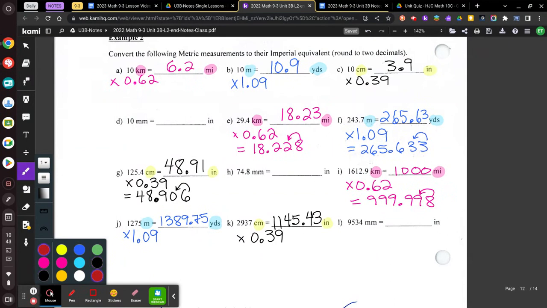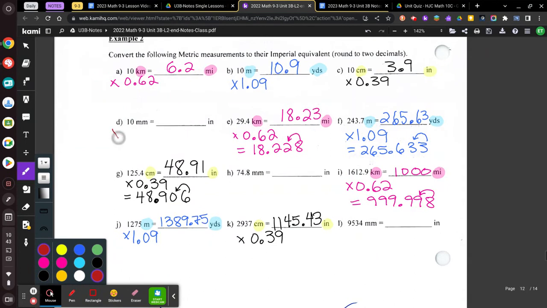Yay! This one is timesing by 0.039. So we times by 0.039, times by 0.039, and same thing for our last one, 0.039. Again, we're multiplying for every single one of these.